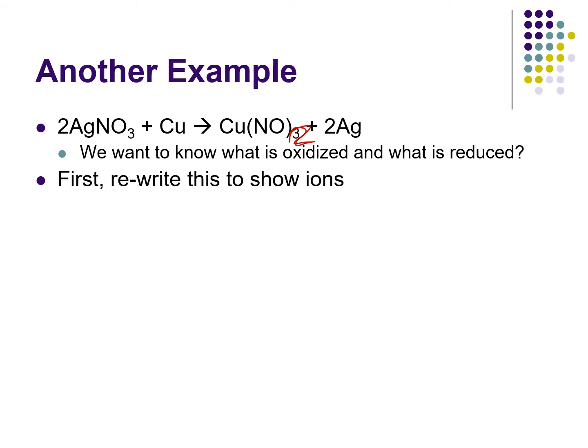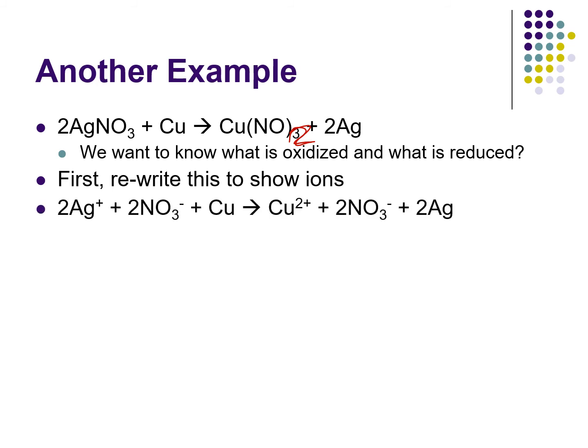To do this, break it apart into its ions, very similar as if we were doing a net ionic equation. So I see the 2 silvers become 2 silvers, the 2 nitrates, copper to copper ions because it's a 2+ charge. So things that had charge that were in the compound still have charge.